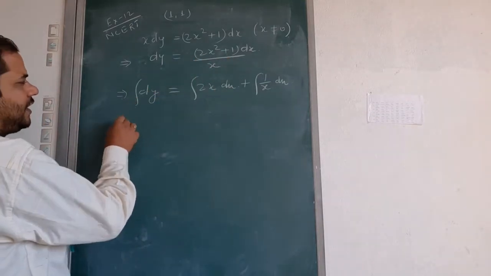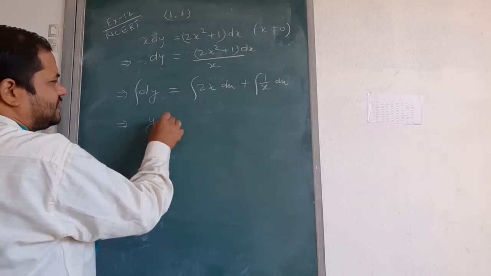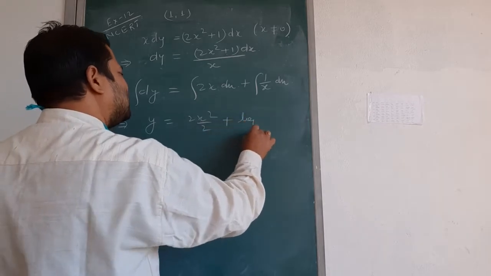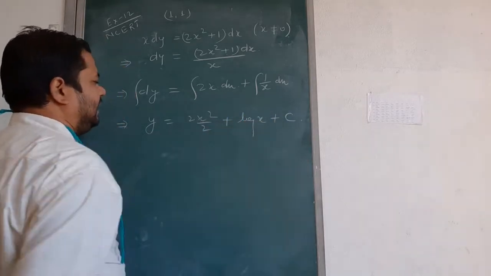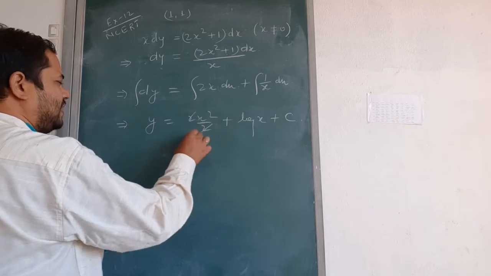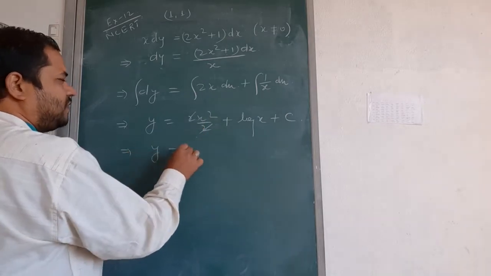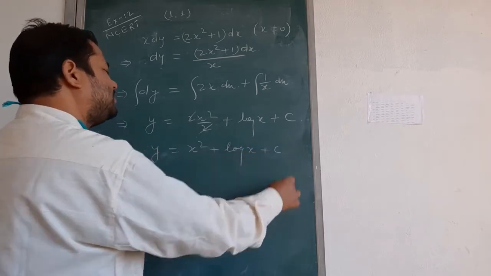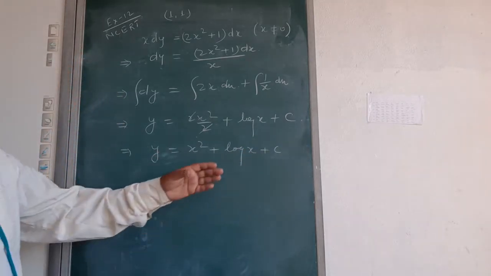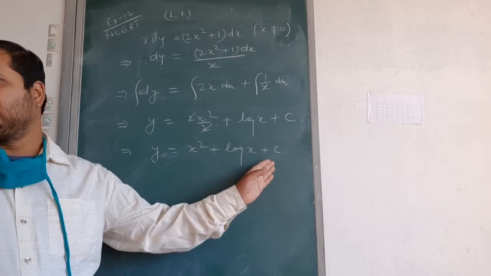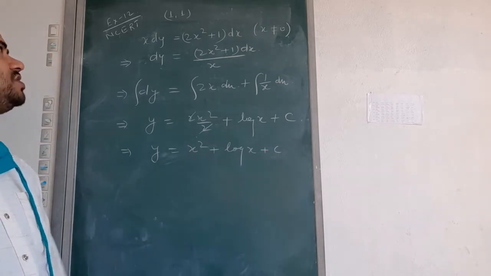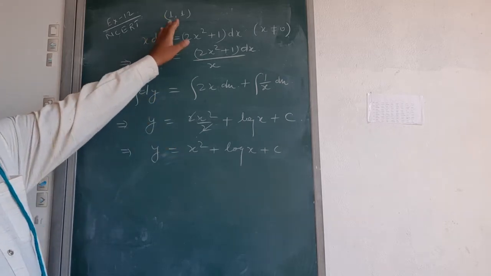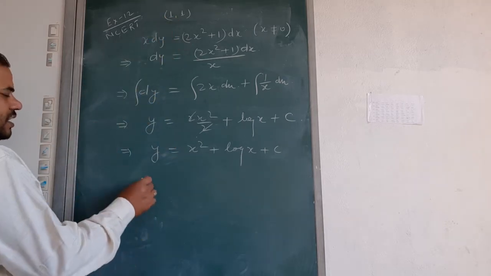On integrating both sides we get y equals 2x square by 2 plus log x plus c. So 2 cancelled out, y equals x square plus log x plus c. Here c is the constant of integration, which is determined by putting x equals 1 and y equals 1.